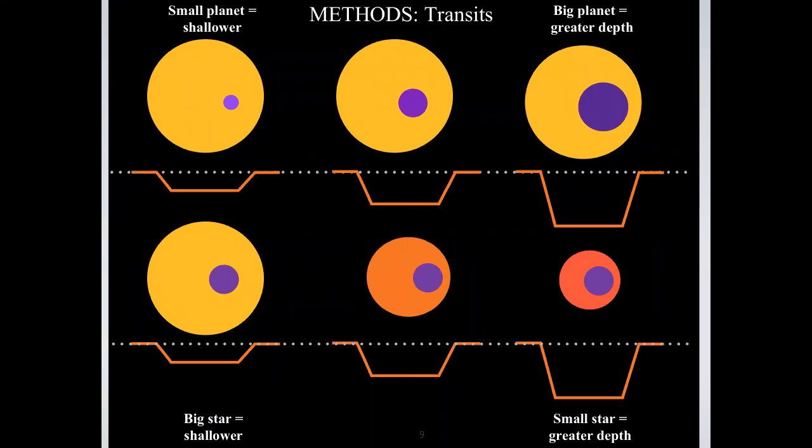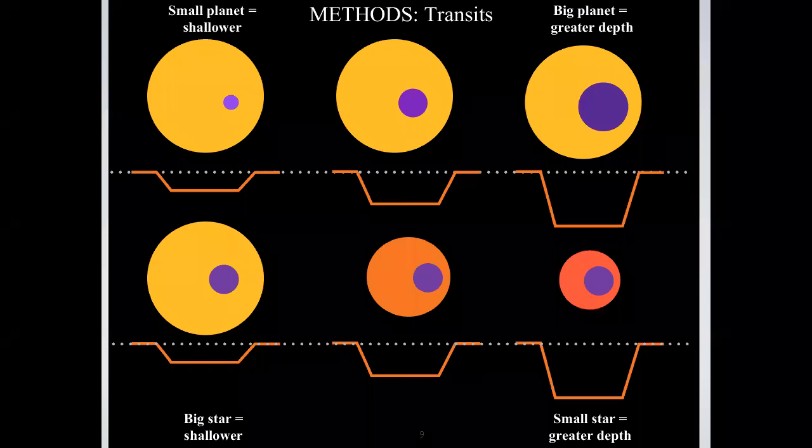It's not the same when we have a very big star with a tiny planet, or vice versa. Sometimes we have a very small star, a red dwarf, as we call it, and a giant planet is crossing the disk, and this diminution of light is going to be more important.